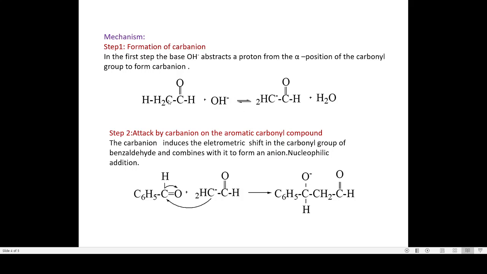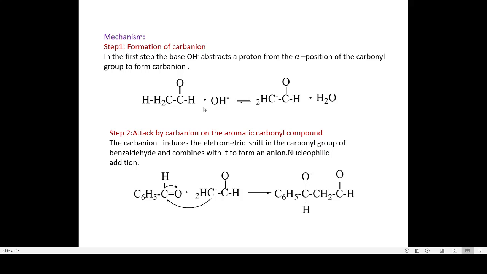So the first step in the Claisen reaction is the removal of the alpha hydrogen of a carbonyl group by a base, OH minus, to give the carbanion.